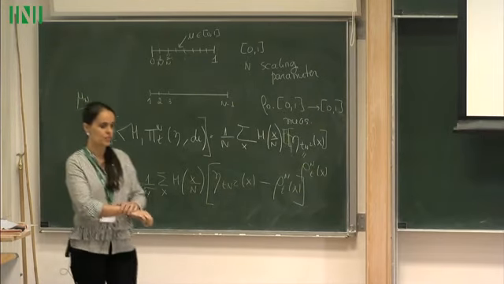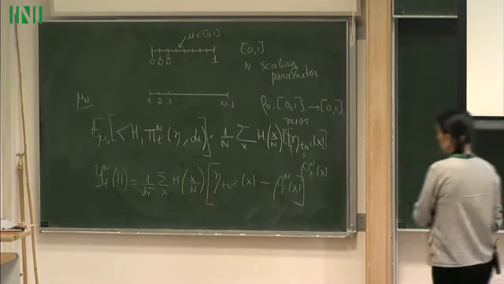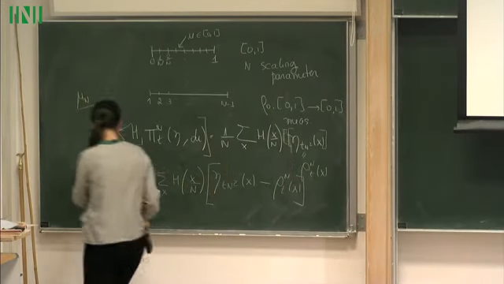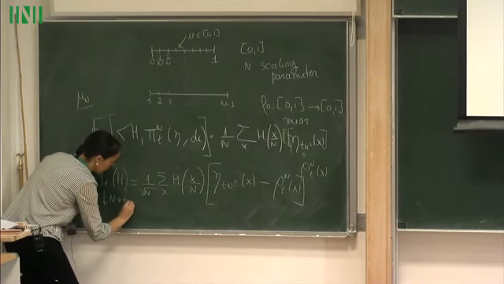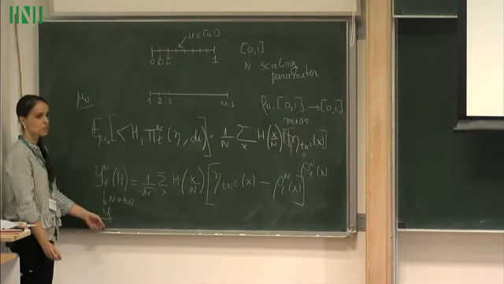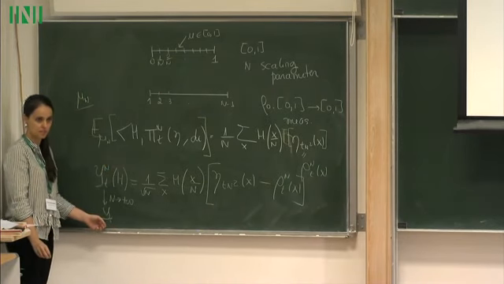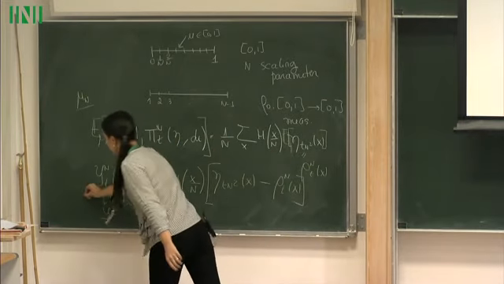Okay, so this is what is called the density fluctuation field. This is a random distribution, and I want to show that it converges in some sense to Y t, which is the solution to some stochastic PDE. Okay? So this is the question that I want to answer now.